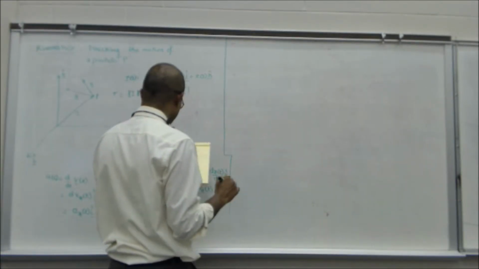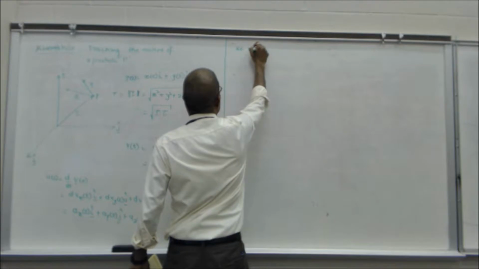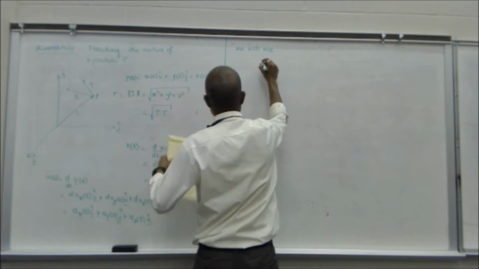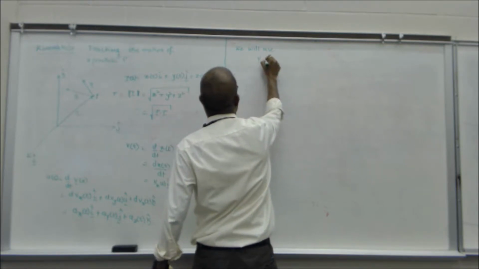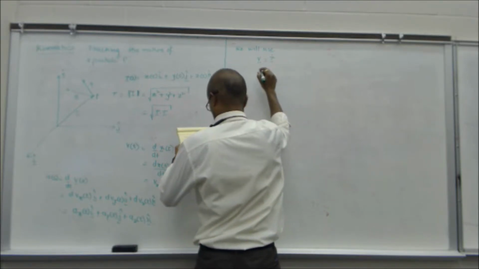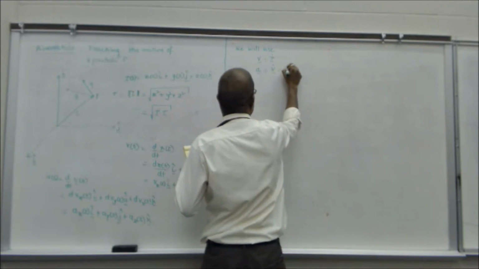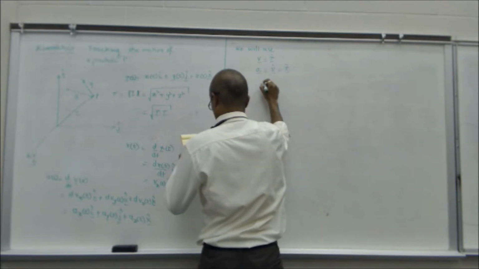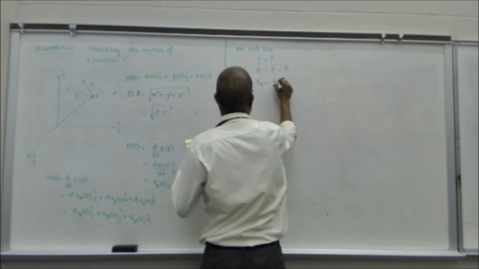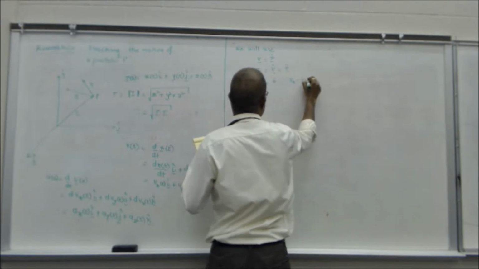And when we talk about time derivatives, we will use dots. V is equal to r dot. A is equal to v dot, which is equal to r double dot. Vx is equal to x dot. Vy is equal to y dot.